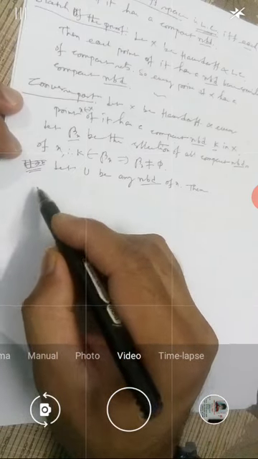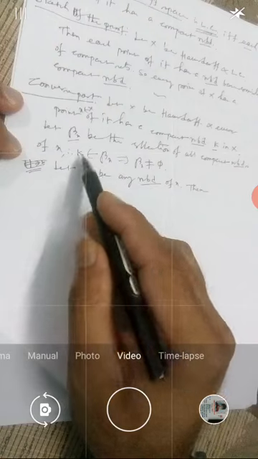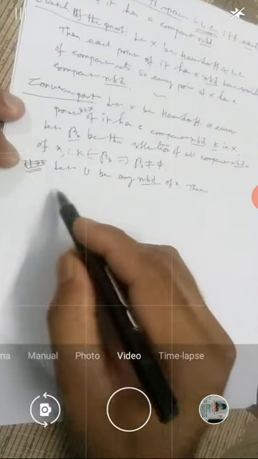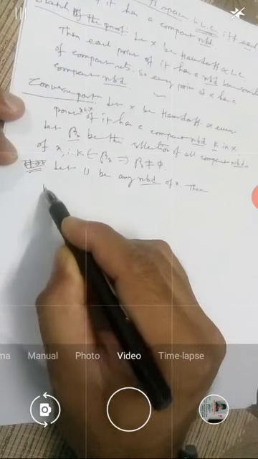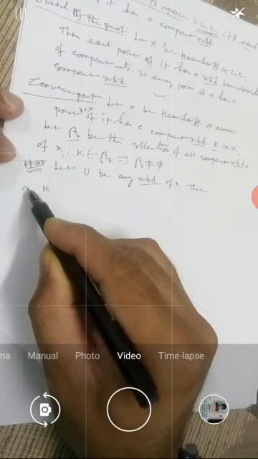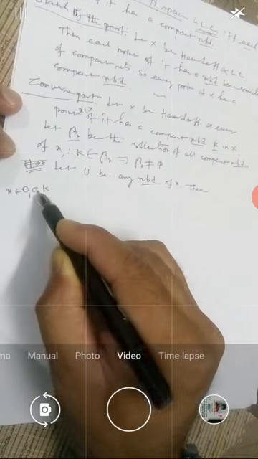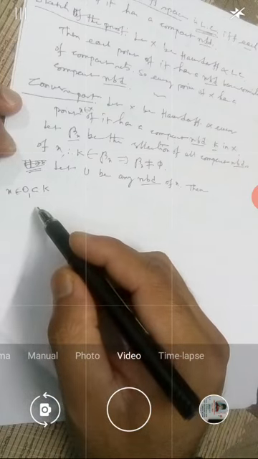Since K and U both are neighborhoods of x, K intersection U will be a neighborhood of x. It is very easy. K is a neighborhood of x, so there exists an open set, say O1, containing x and totally contained in K by the definition of neighborhood.